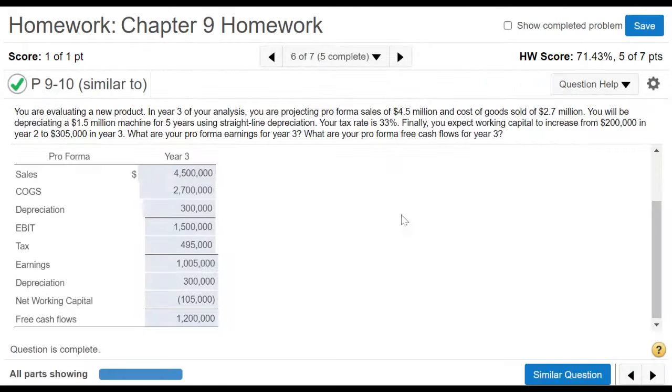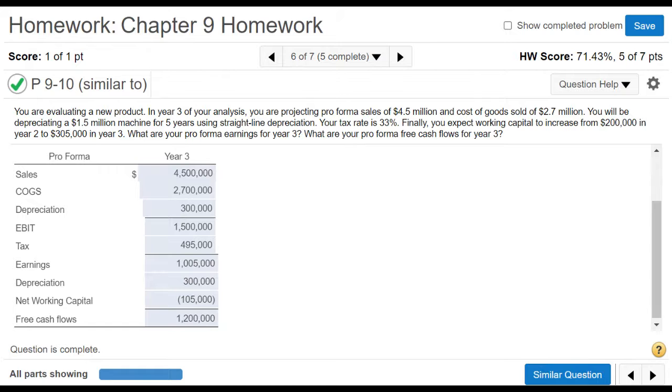Excellent. When you see this, this is an increase, so you subtract. Unlike the other one, which was a decrease, you add. So this one is the only negative that you're going to have in this problem.